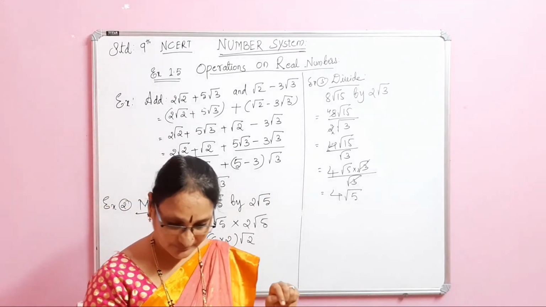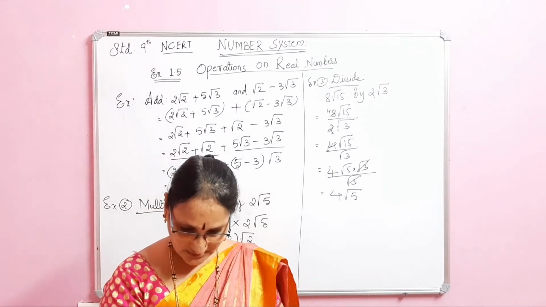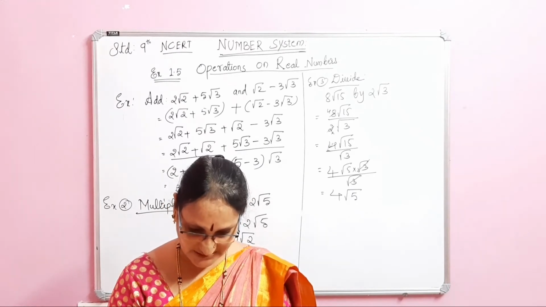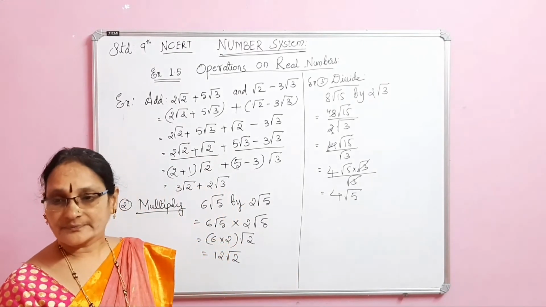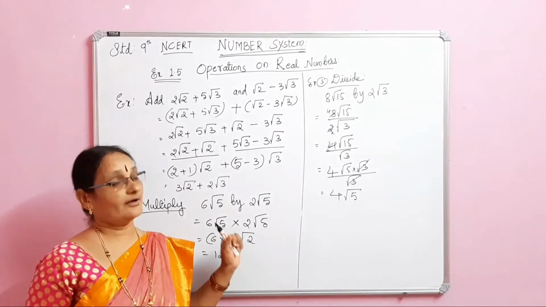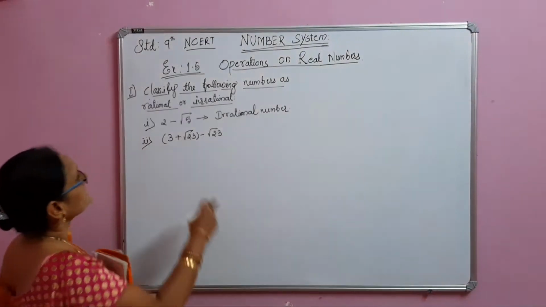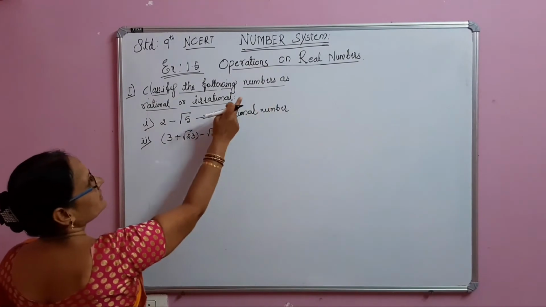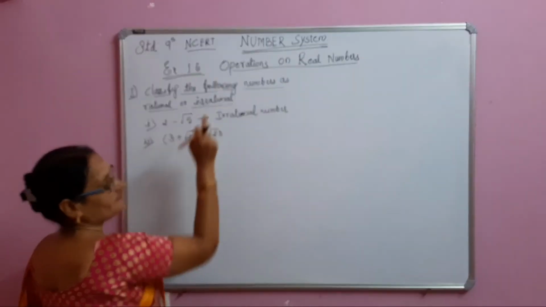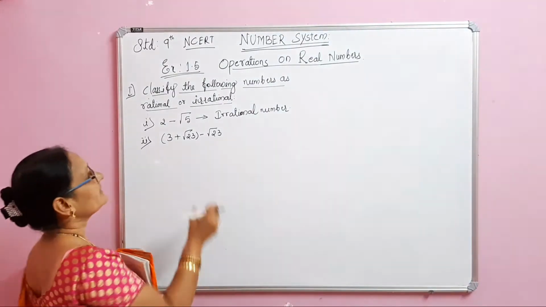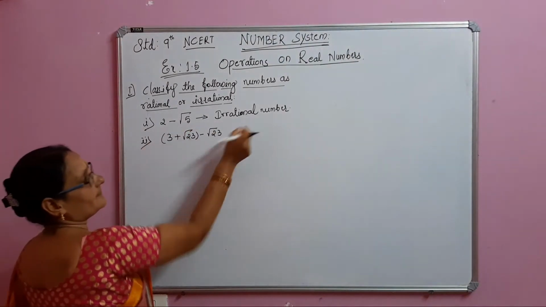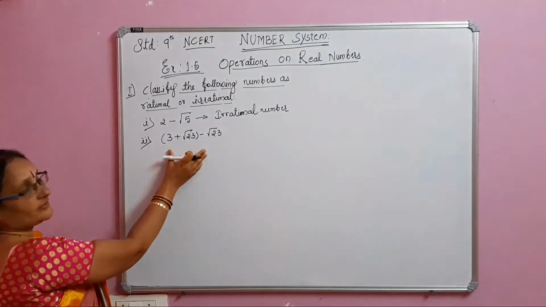Now in exercise 1.5, let me solve some problems on operations on real numbers. In the first one, classify the following numbers as rational or irrational. See here, this is an irrational number. This is what kind of number?